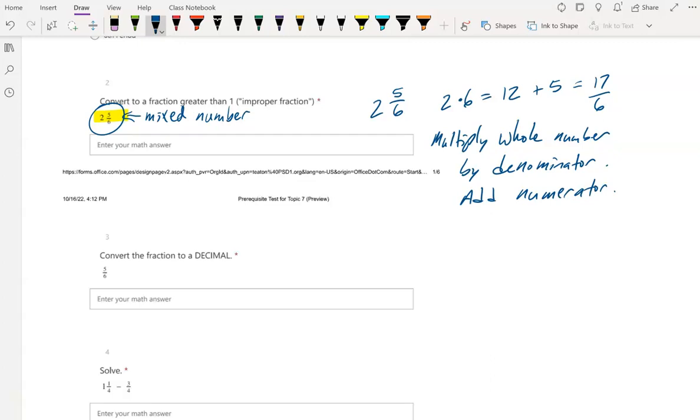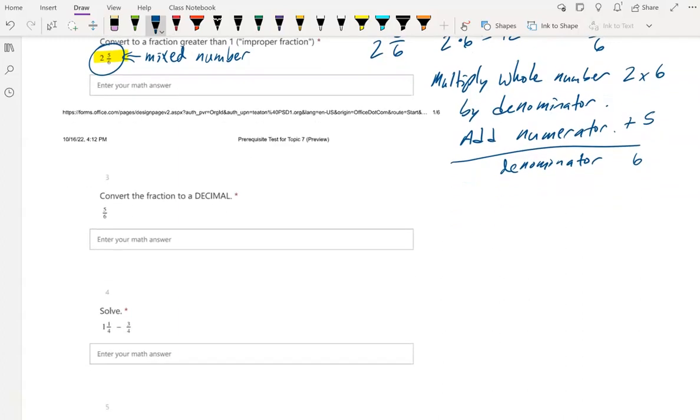And that was 5. And that's how we end up with 17. And then put that all over the denominator that you had. So 2 times 6 plus 5, all over 6. Okay, well, there you have it. That's converting a mixed number to a fraction greater than 1.